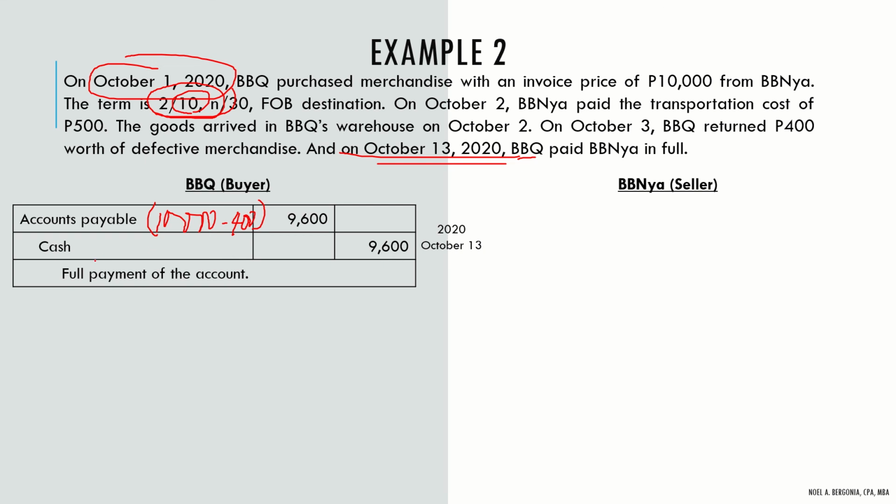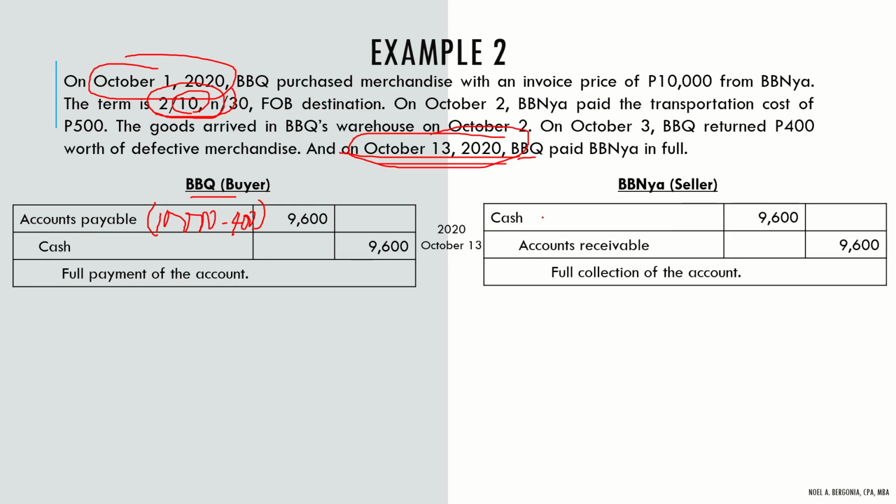Again, to put an emphasis, no discount was given to BBQ kasi nagbayad na po siya after the discount period. No? And also, kay BB niya, wala ring i-record na sales discount. Okay? We just simply debit cash, 9,600 and we credit accounts receivable, 9,600. Okay? So, yan po yung mga entries natin.